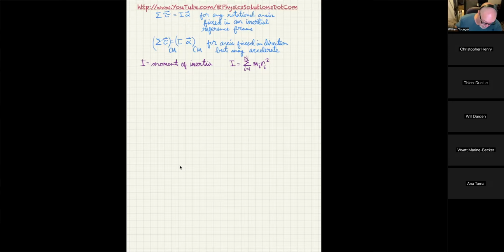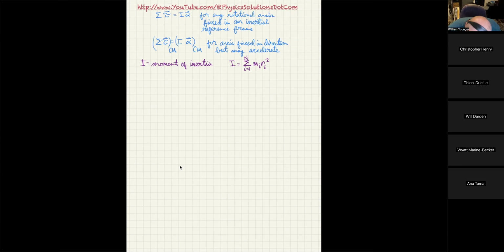So in other words, we have to use either point objects, or we have to figure out the center of mass of each of the objects we're using, and then locate the point objects and figure out how far the center of mass of the object is from the rotational axis, measured perpendicularly to that axis.